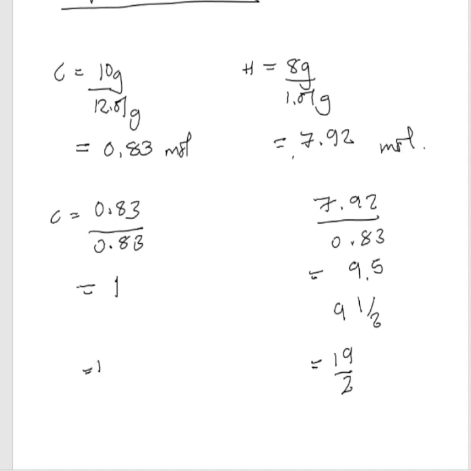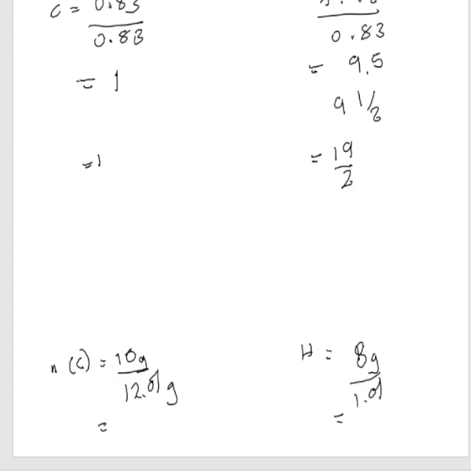Now we just have to remove the fractions. We do this by multiplying by the denominator, which is 2. So you multiply by 2 on every side.